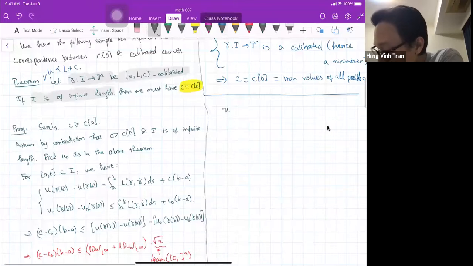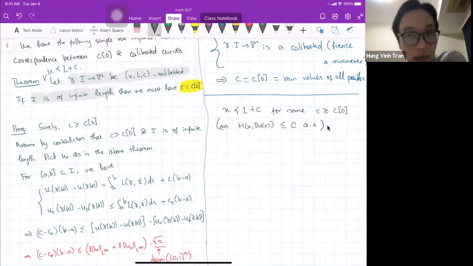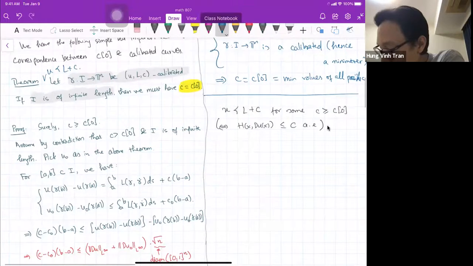I have U dominated by L plus C for some C greater than or equal to C naught, or equivalently, you have H of x, du/dx less than or equal to C almost everywhere. In an earlier result I recall today, we have that U naught is dominated by L plus C naught.